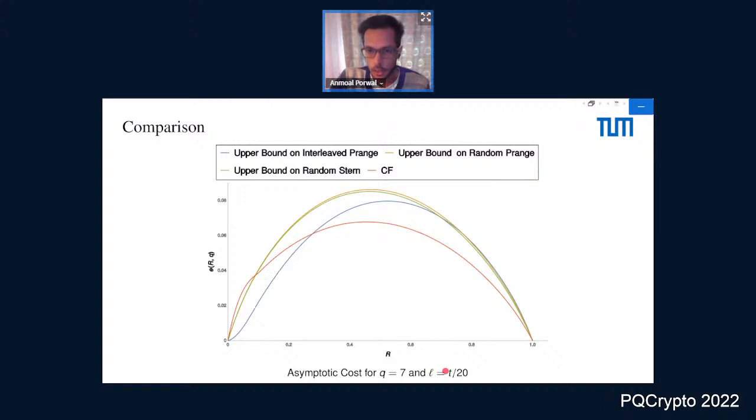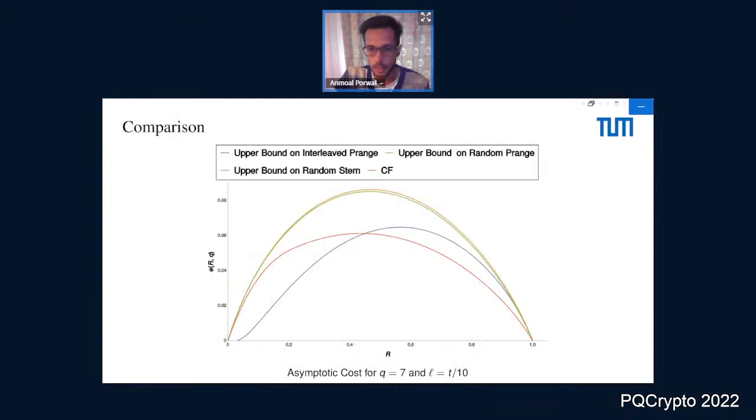And this is for L equals T over 20. Now, however, if you were to increase L a bit, so now it's T over 10, then you see interleaved Prange seems to perform a bit better, but still, at least for high rates, CF-based Prange is still better.